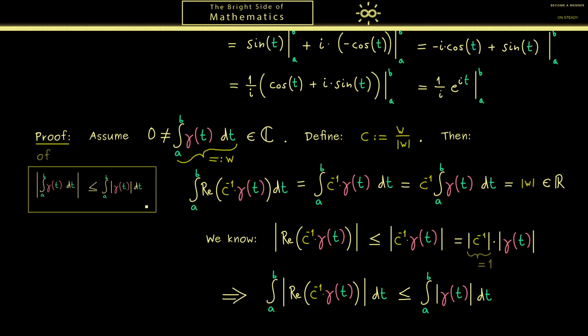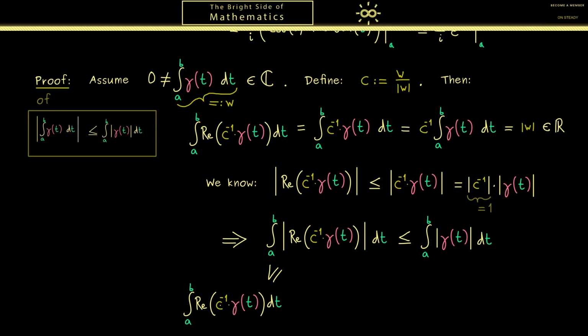And now we only have to reformulate the left hand side to get this left hand side here. And exactly for this reason, we made this integral here real. Because now we can just use this fact here for a real integral. Of course, this is something we know already holds. So without a problem, we have the inequality here for the real part.